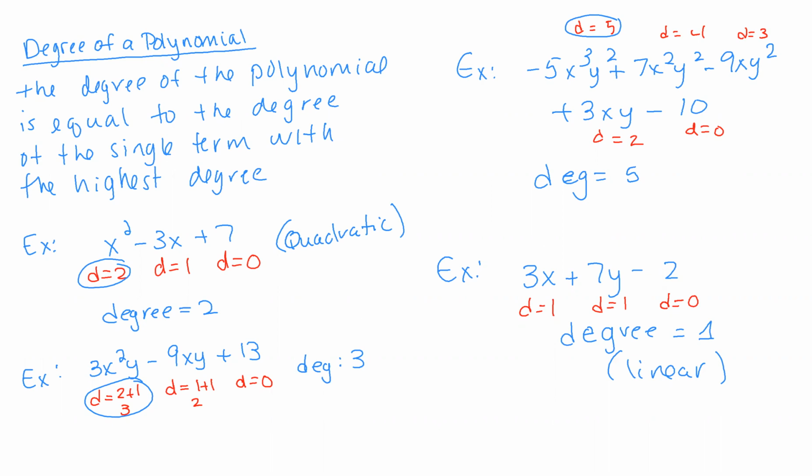Okay, so let's look at a few other things. So one thing I do want to show you is standard form of a polynomial. Now, standard form of a polynomial can get a little dicey. So we're going to focus on a single variable polynomial.